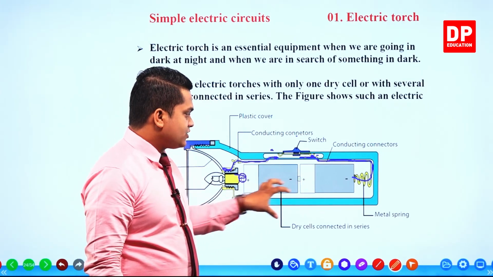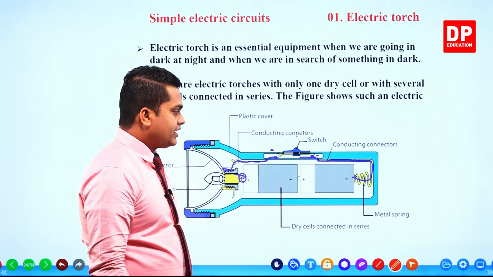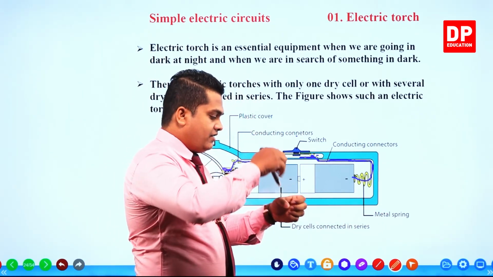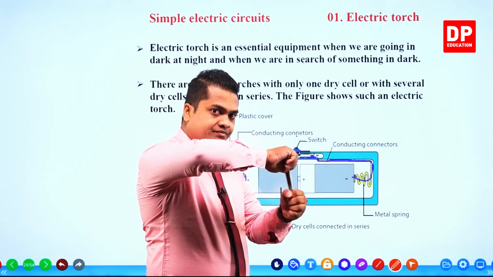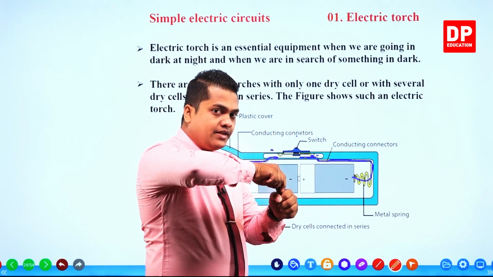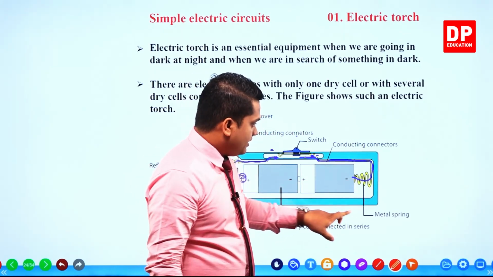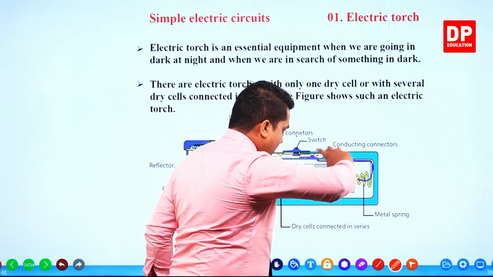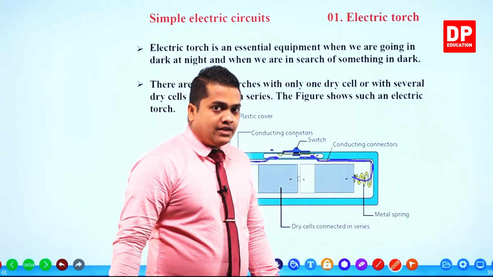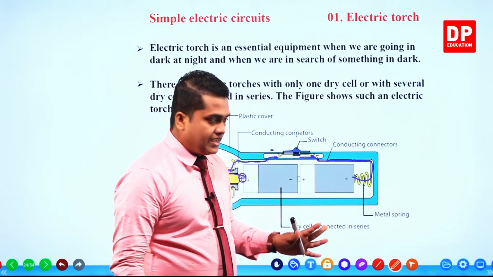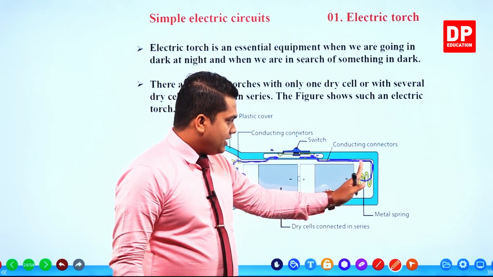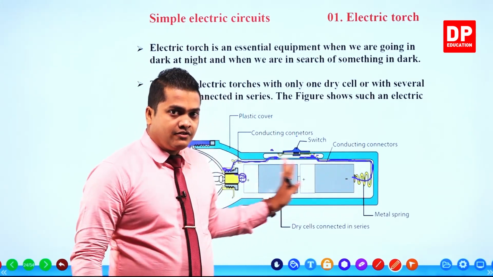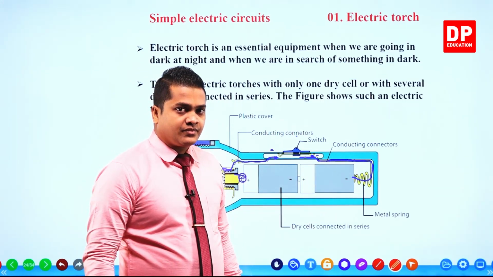So there are dry cells to provide the electricity, connected in a series connection, and there is a metal spring. We can rotate this cup-like part, insert the cells, and rotate it. It's necessary to have this spring because it would firmly fix the dry cells within the system.